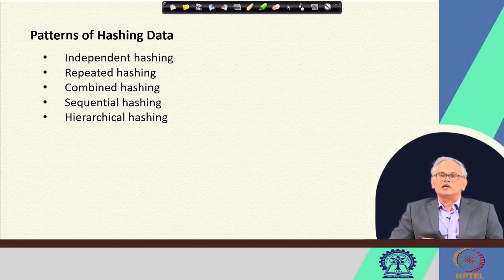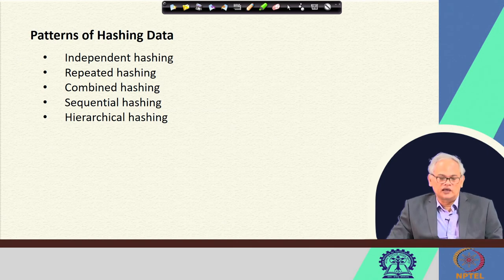Now, what we will see is that if there is more than one piece of data, what are the different ways we could combine their hashes. This is what we call the patterns of hashing data, and we will talk about 5 different types of combinations or patterns. One is independent hashing, second is repeated hashing, then combined hashing, sequential hashing, and hierarchical hashing.